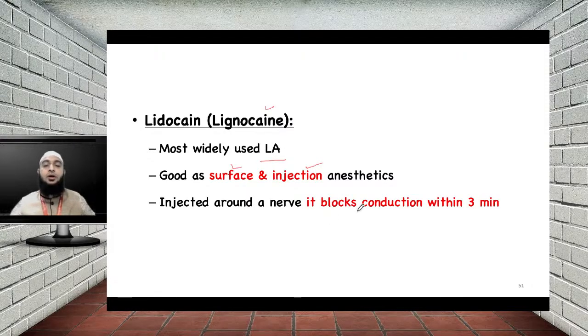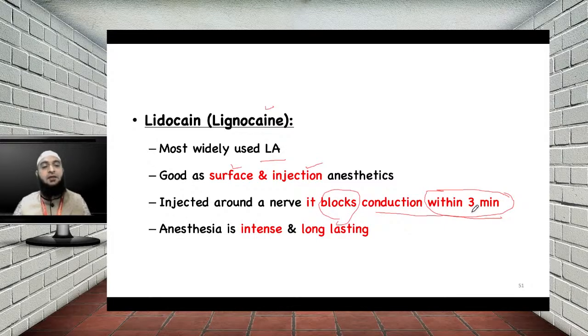Injected around the nerve, it blocks conduction within 3 minutes. It means within 3 minutes it can stop the sensation of pain and produce local anesthesia. For that, you give the injection of lidocaine around the nerve so that it can block the nerve conduction within 3 minutes.